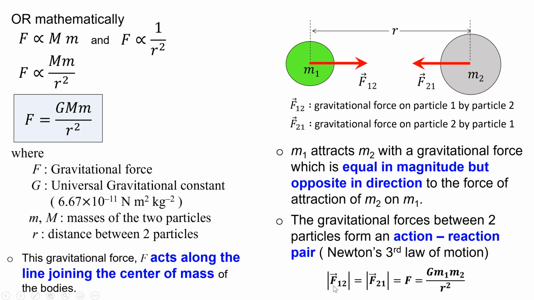That is, F12 equals F21 in value. So these two forces are known as an action-reaction pair, which is Newton's third law of motion.